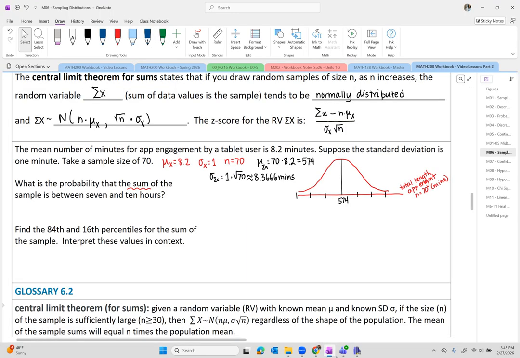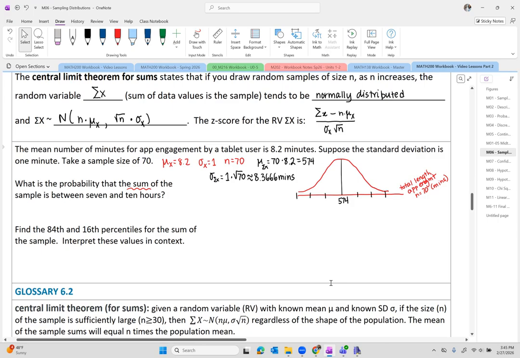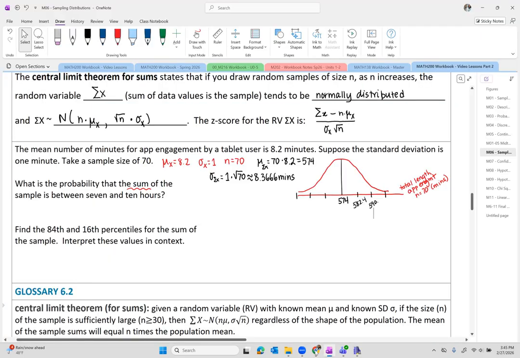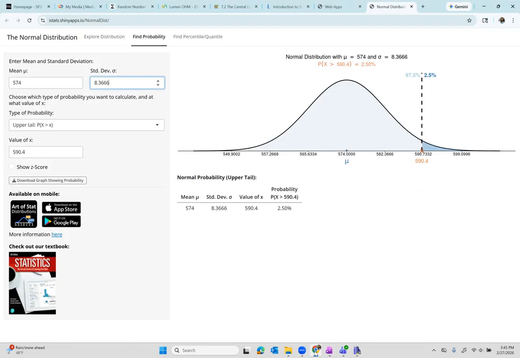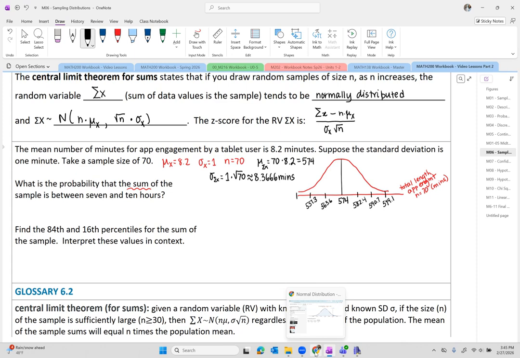And let's answer the question. Actually, let me just copy these values. So I have 582.367, 590.73, etc. So 582.4, 590.7, 599.1, and going down I have 565.6, 557.3, etc. to the left.